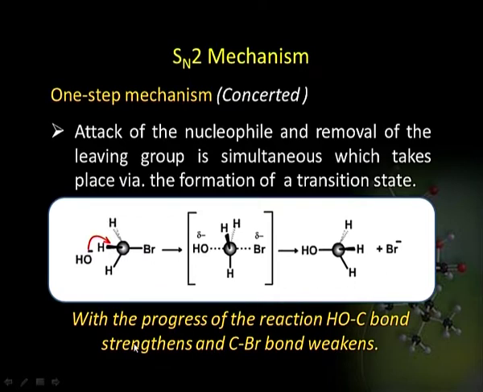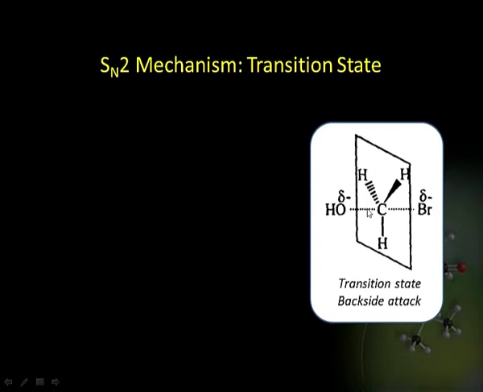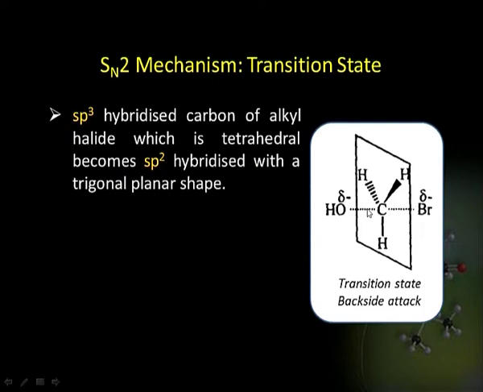And it is noticed that with the progress of the reaction, the hydroxide-carbon bond strengthens and the carbon-halogen bond weakens. If we look into the transition state in SN2 mechanism, we will notice that the carbon which was previously sp3 hybridized in the alkyl halide and was tetrahedral in nature gets changed into sp2 hybridized with a trigonal planar shape.